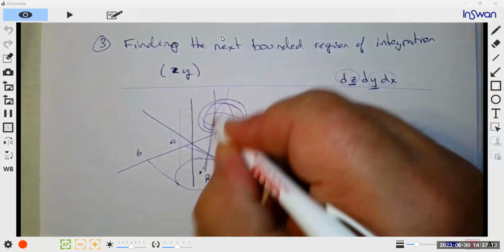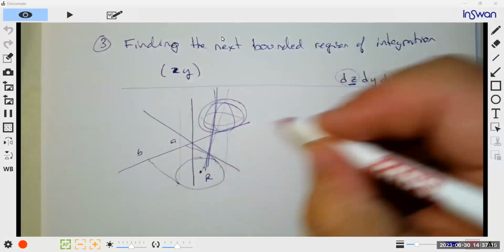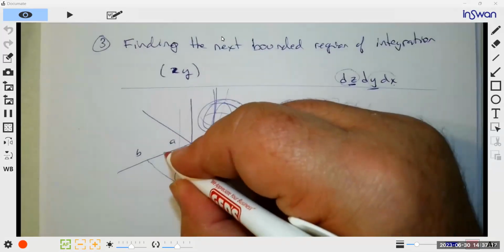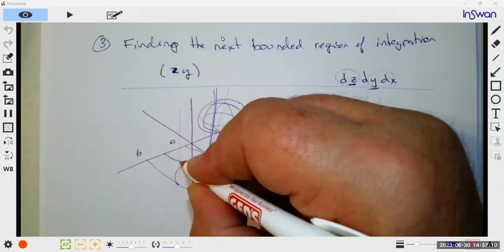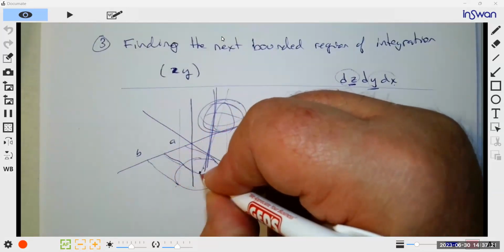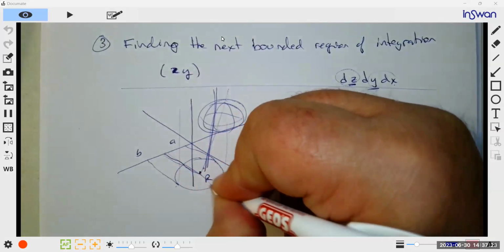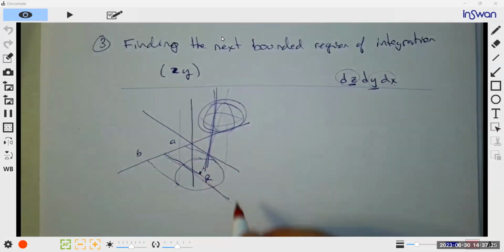That one's supposed to be perpendicular. Yeah. So since X is the last one, we draw a line perpendicular to X going through R. We call that line L.